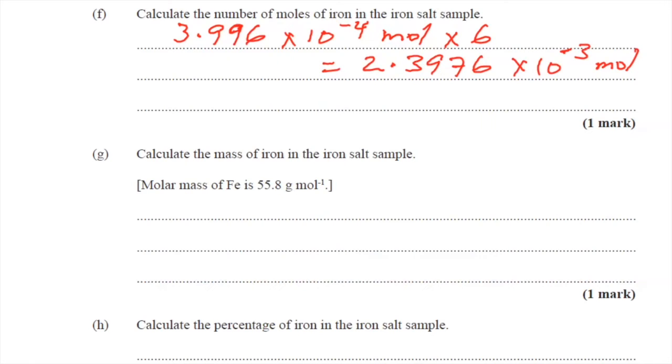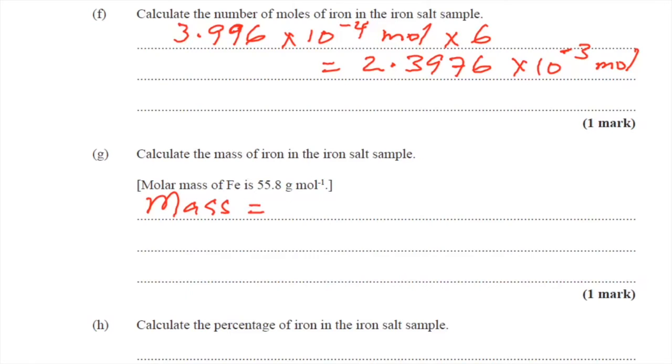All right, and then we move on to part G. Calculate the mass of iron in the iron salt sample. They give us the molar mass for iron as 55.8 grams per mole. So this is a mole to mass conversion. Mass is equal to number of moles times molar mass.